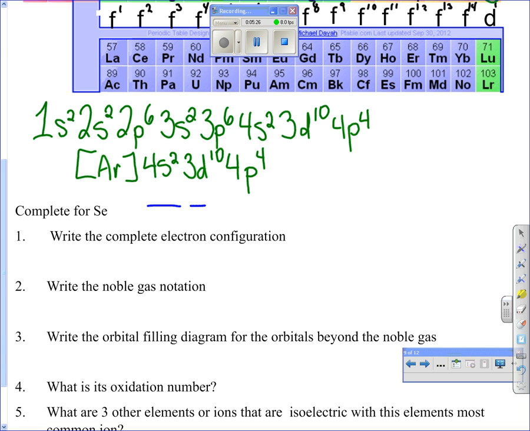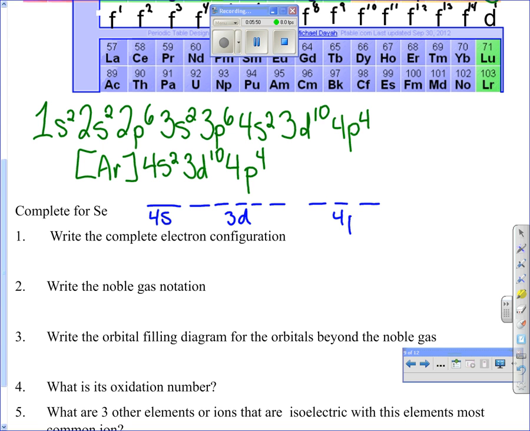Every d is 5, and every p is 3. I know this because it has to hold that number of electrons, and there can be 2 electrons per orbital. The d has to hold 10, so obviously there has to be 5 d orbitals, and p's are always 3.